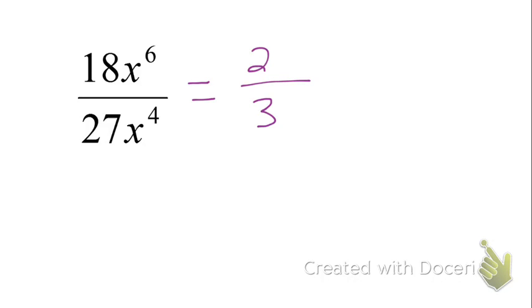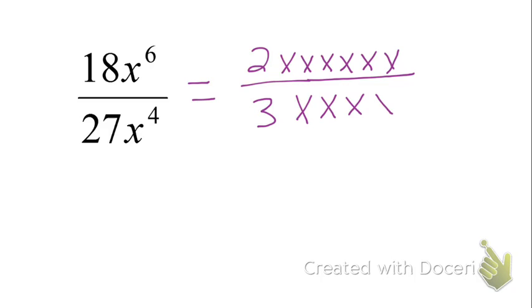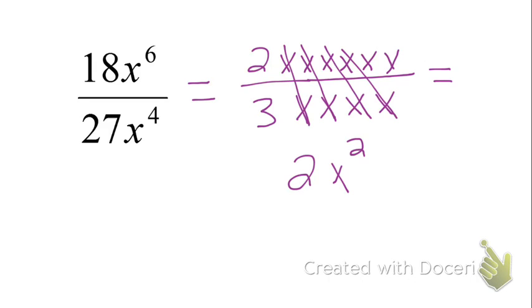Then we have 6 x's on top and 4 on the bottom, so you can list them all out and then cancel. These two cancel, these two, these two, these two. So your final answer is 2x squared over 3.